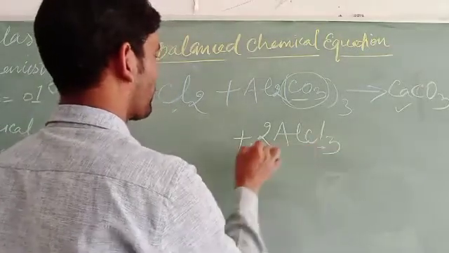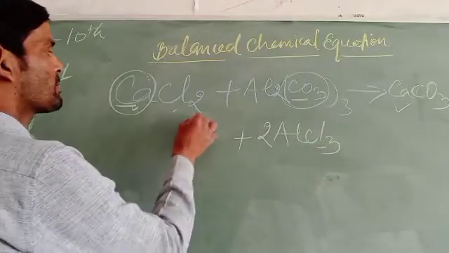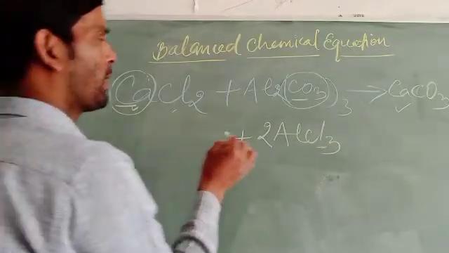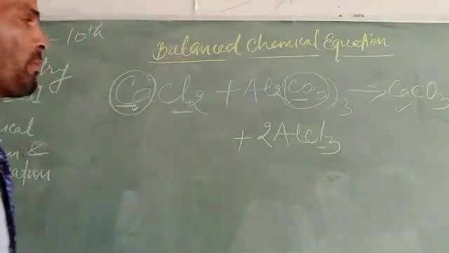AlCl3 has 6 molecules of chlorine, 2 times 3 is 6, and here the chlorine is 2 molecules.